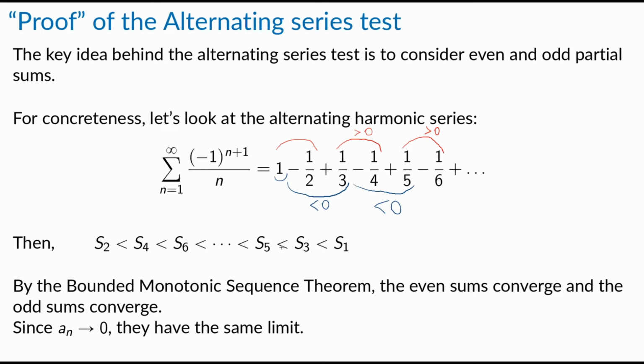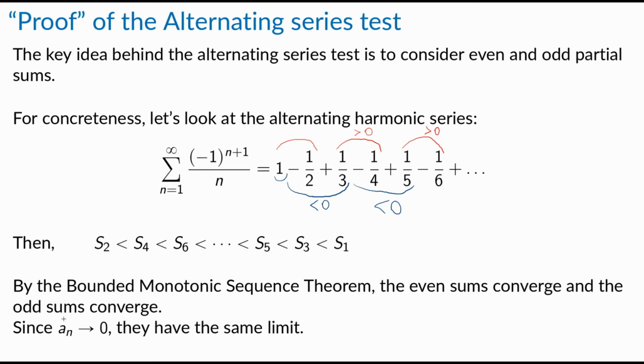So we have this kind of behavior of the sequence of partial sums, that they're wobbling back and forth. The odd ones are a bounded monotone sequence, and the even ones are a bounded monotone sequence. The odd ones are decreasing, and the even ones are increasing. So by the bounded monotonic sequence theorem, the even sums converge and the odd sums converge.